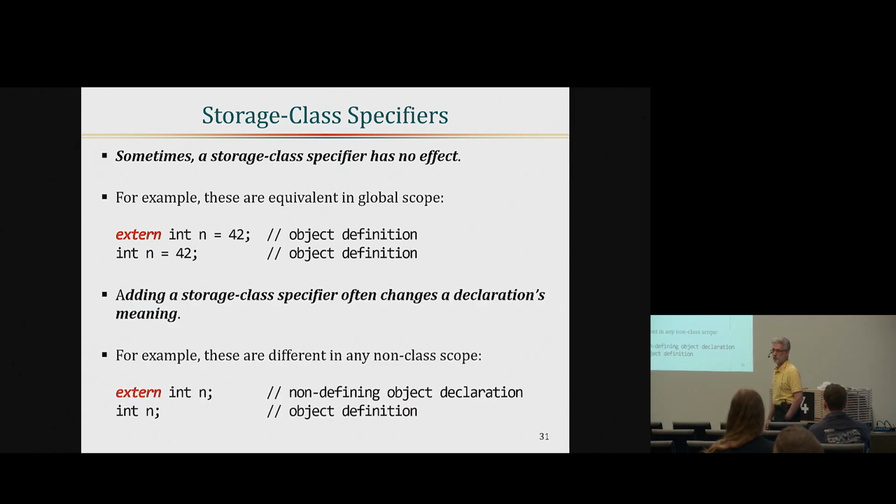On the other hand, most of the time when you do put a storage class specifier on a declaration, expect it to have an effect. In particular, with those two at the bottom, the first one has the explicit presence of extern. That turns that declaration into a non-defining declaration. It says this is not a definition for n. This is saying there is an n and it's somewhere else. But the second one says there's an n and here it is. And again, this is true in both C and C++, when this appears at non-class scope.